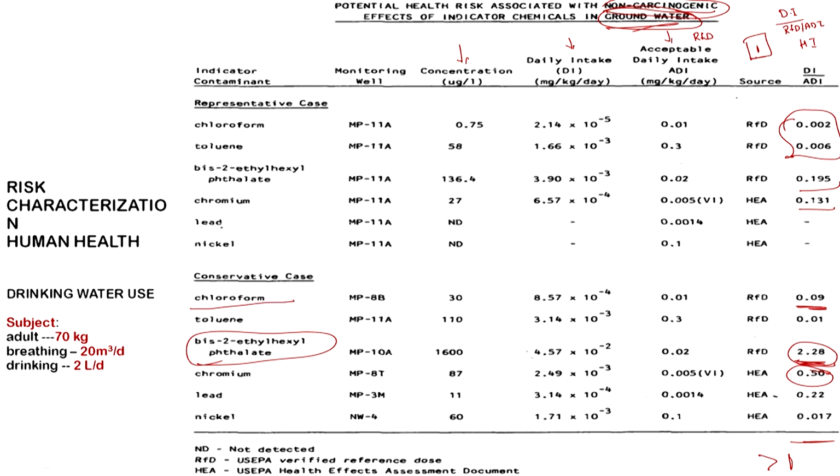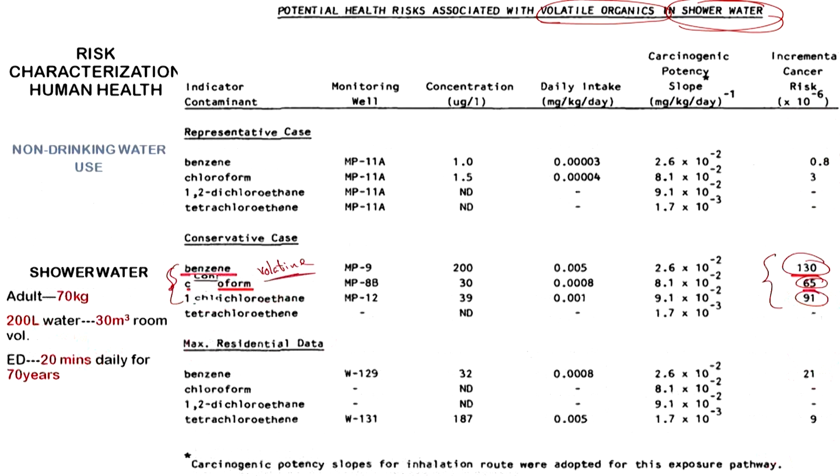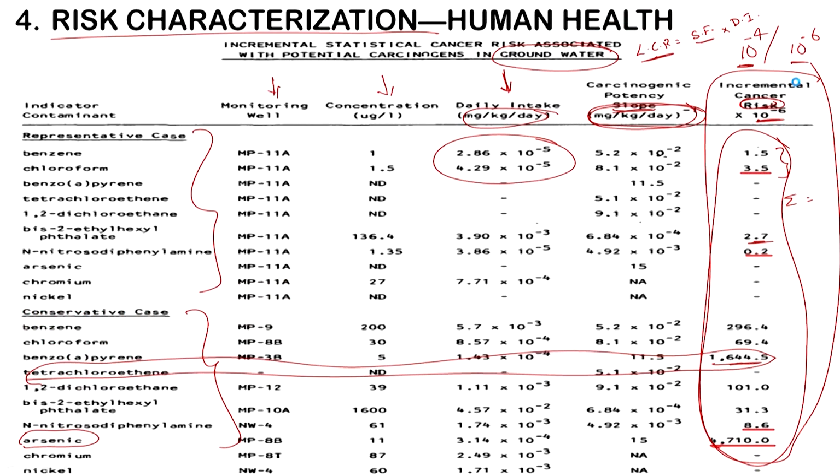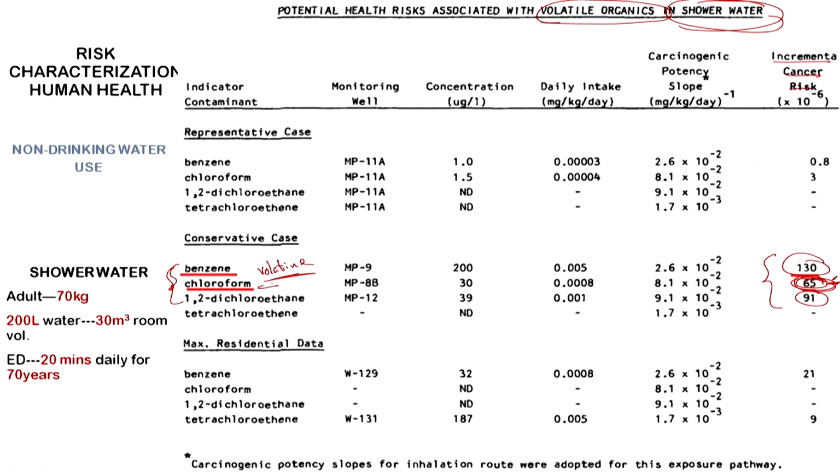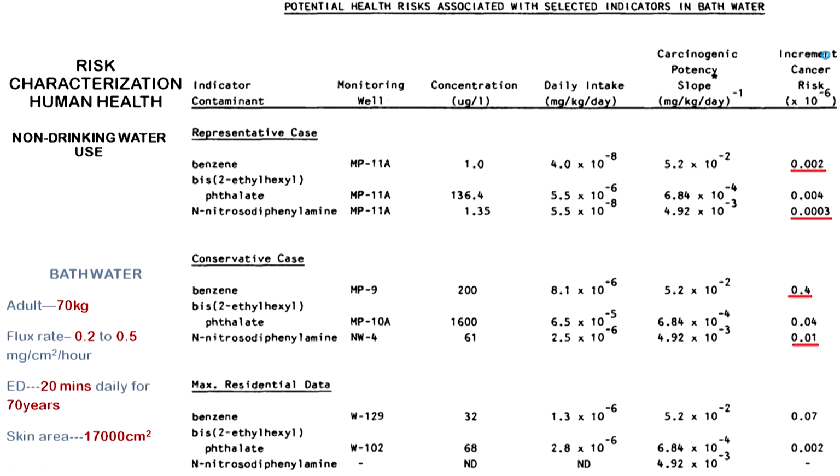For chloroform, in the conservative case, we see that the risk is around 0.09, but in the case of shower water, the risk posed is remarkably high, or it's, I guess, incremental cancer risk. I should not compare it with here. If I look at the cancer risk here, chloroform is turning out to be 69.4, which is comparatively high, pretty high. This is from the cancer risk, and again bath water and so on.